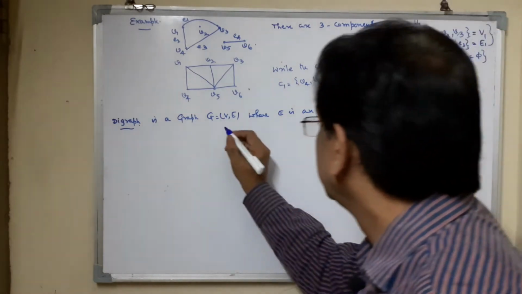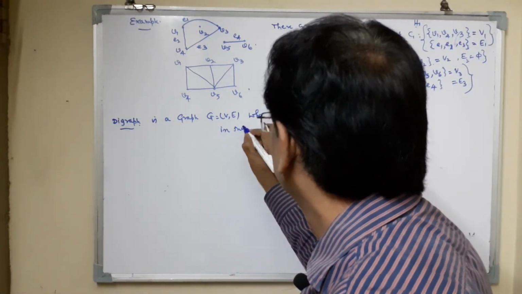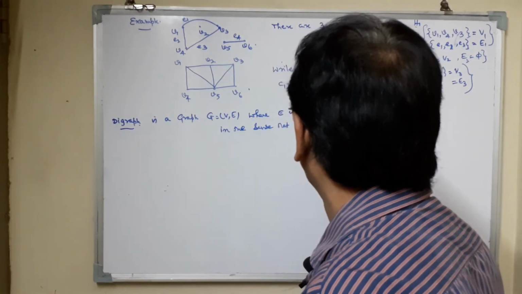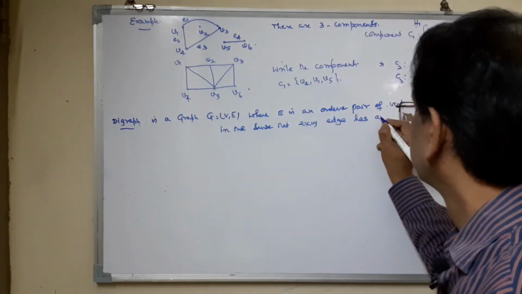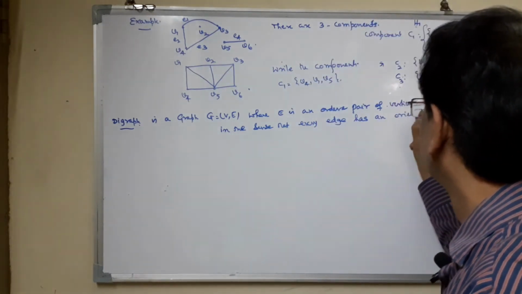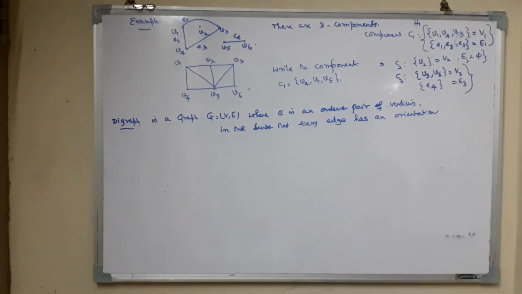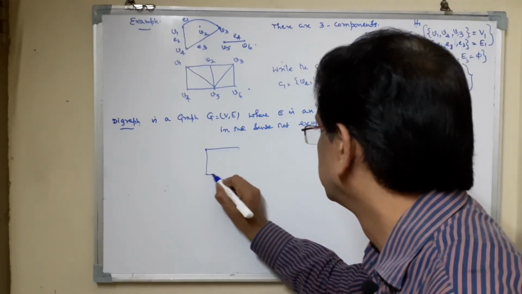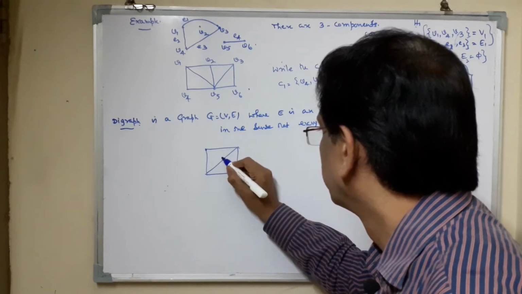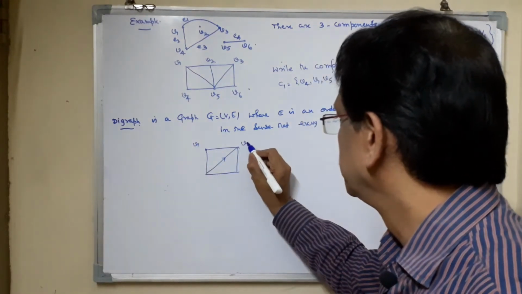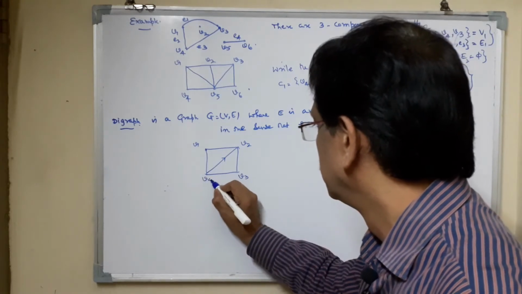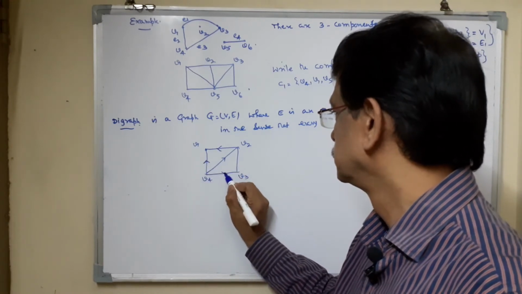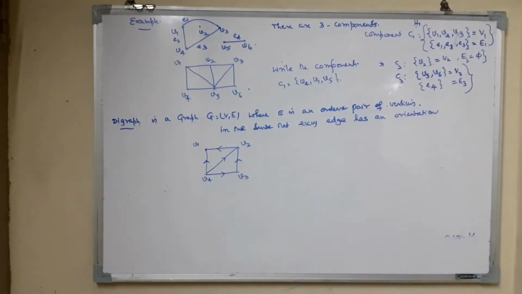Ordered pair means in the sense that every edge has an orientation. Orientation means direction. So now let us see a digraph. A digraph means a graph with a direction. V1, V2, V3, V4. That's all. This is a digraph.